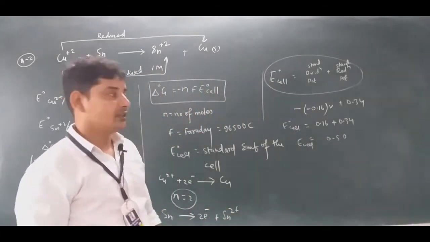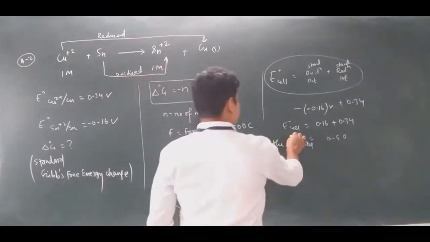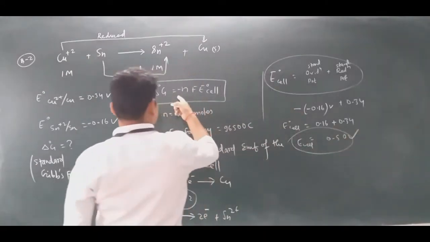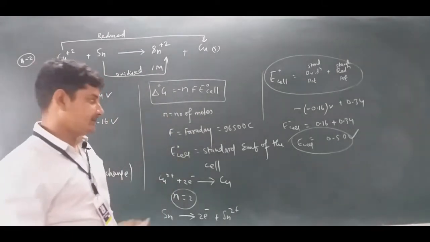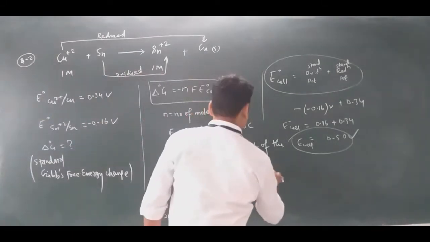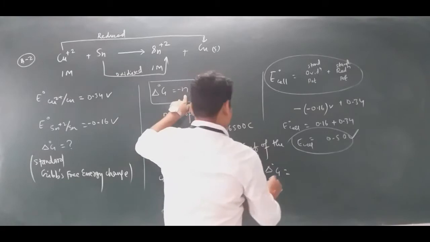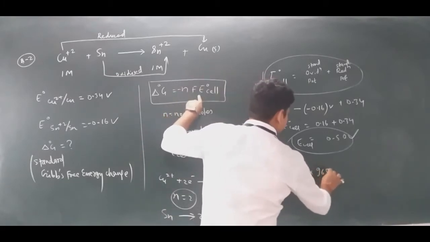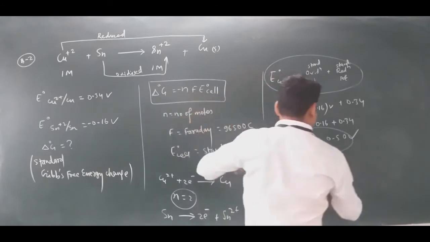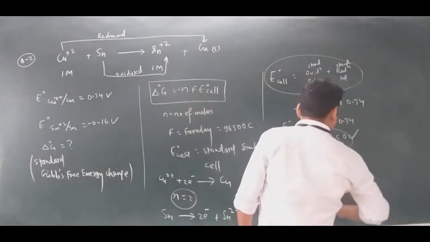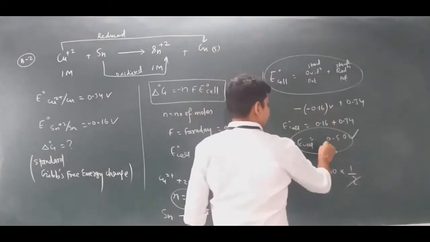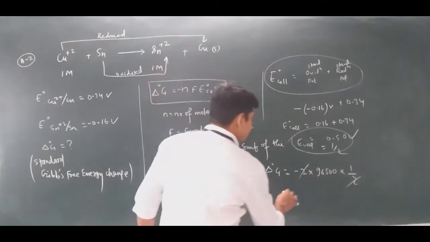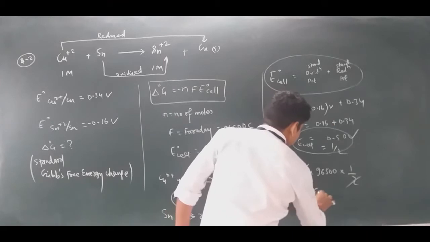Clear? Now E0 cell is 0.50 volt. Now what are they asking? They are asking the standard Gibbs free energy change. How will we calculate? n is 2, F is 96500, and E cell is 0.5, which can be written as 1 by 2 for simplification. So we will get 96500.